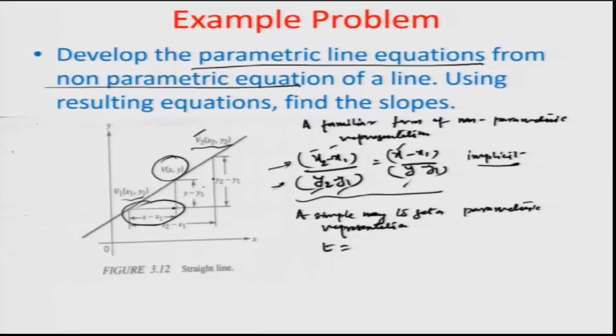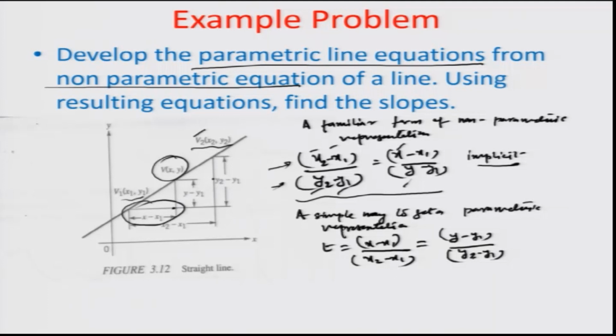So, we say that a fraction representing the extent at which x would be positioned with respect to the whole domain x2 minus x1 is given by (x minus x1) by (x2 minus x1), and similarly this fraction will not be different, and so this can always be represented by (y minus y1) by (y2 minus y1).